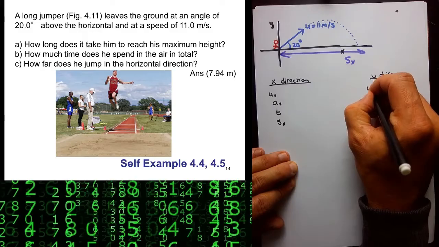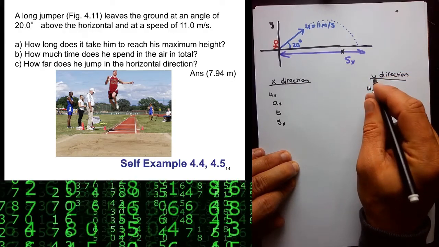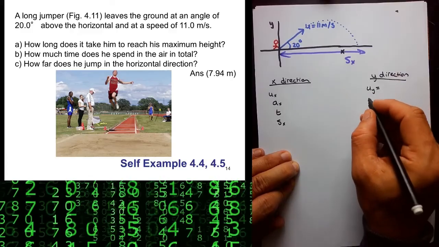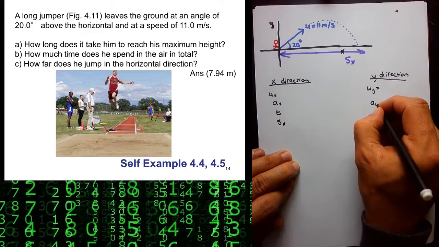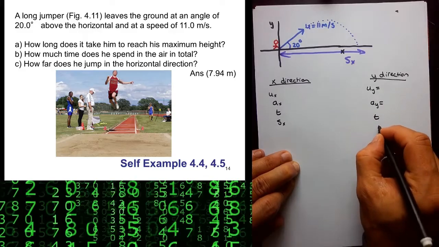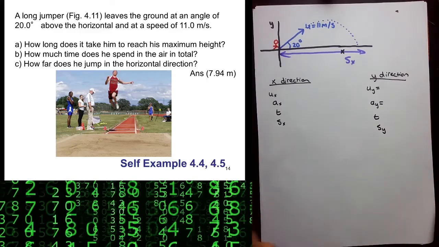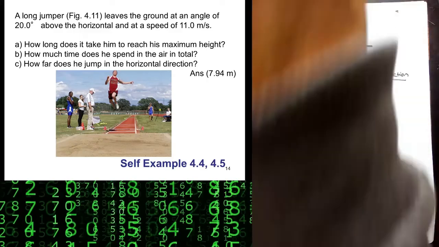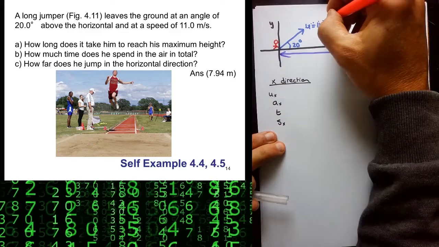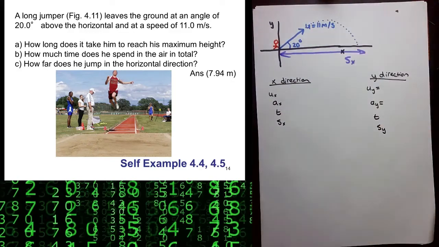The first quantity will be u_y, the initial velocity in the y direction, and we'll be interested in the acceleration in the y direction, the time, and the distance in the y direction. The distance in the y direction is going to be this height that he reaches.